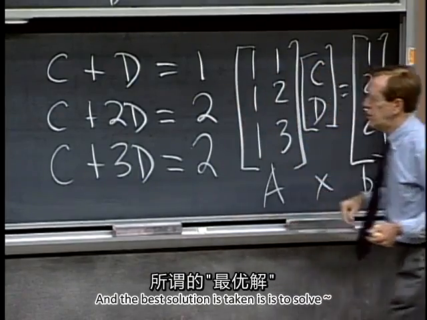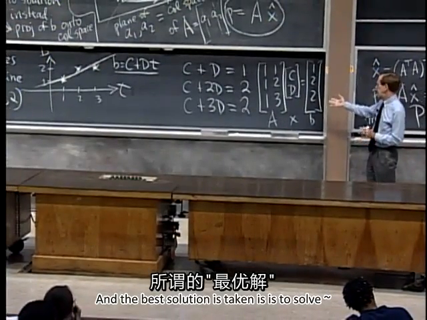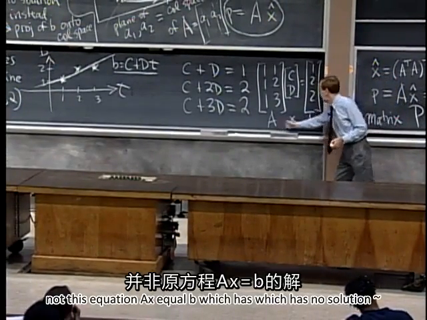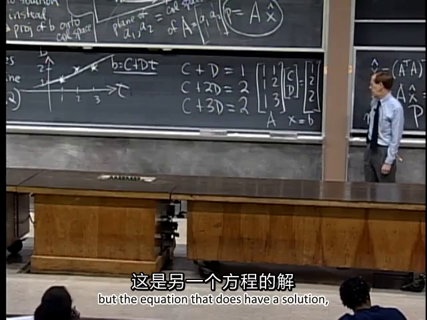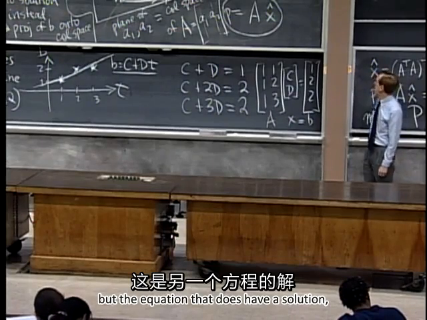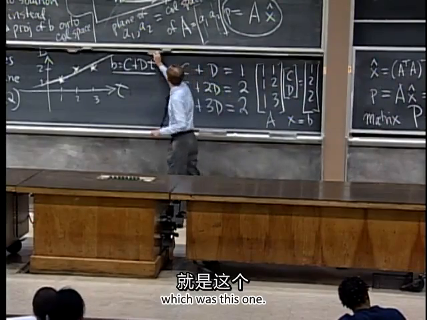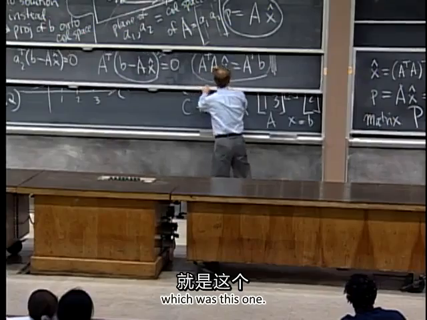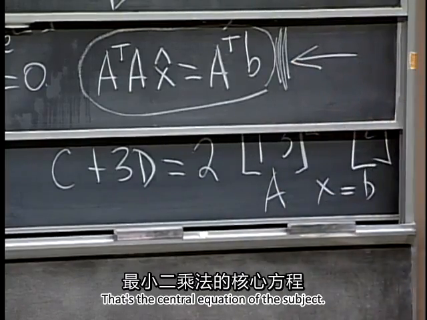And the best solution is to solve not this equation Ax equal b, which has no solution, but the equation that does have a solution, which was this one. So that's the equation to solve. That's the central equation of the subject.